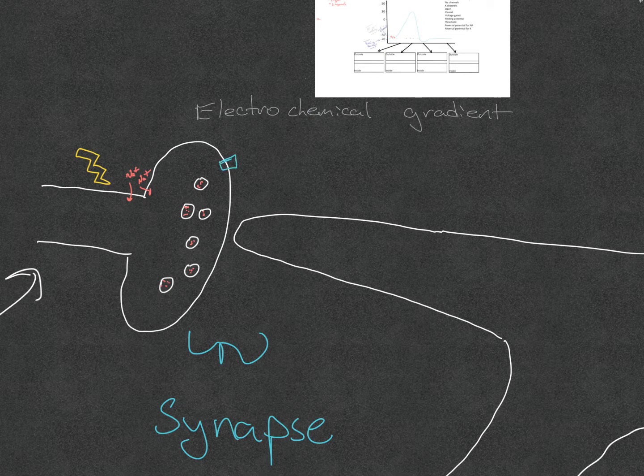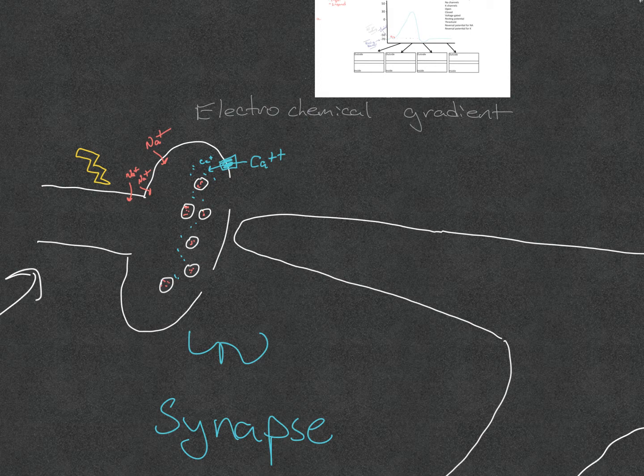Because the membrane is becoming more positive, it changes the shape of the protein and allows calcium to come in. Calcium has 2 positive charges, and the calcium ions rush in and signal these vesicles to come and fuse with this membrane, doing exocytosis.